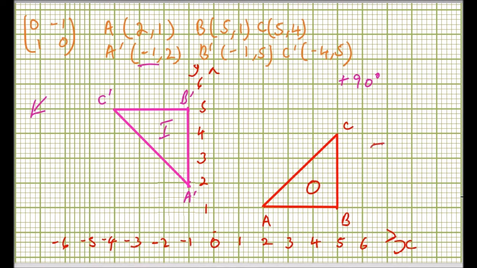So this means that our matrix here, 0, minus 1, 1, 0, represents a transformation which is a positive quarter turn or rotation about the origin, that is 0, 0.